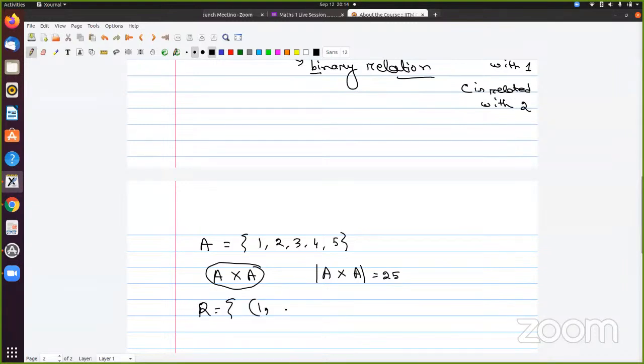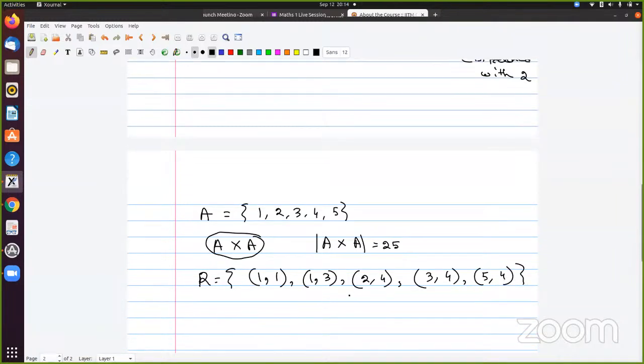Now if I have this set R: (1,1), (1,3), (2,4), (3,4), (5,4). Is this a relation? Yes, all elements are coming from A cross A, so R is a relation.